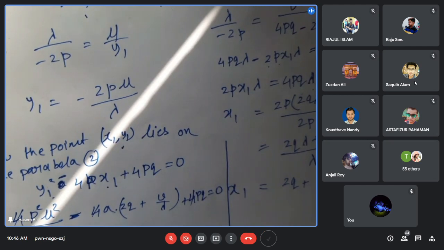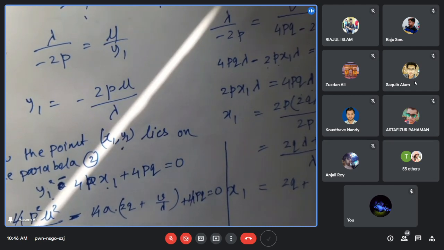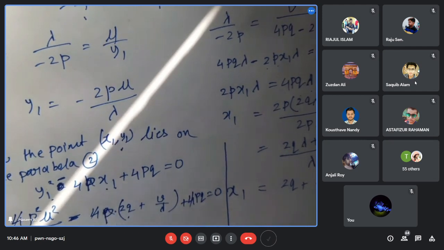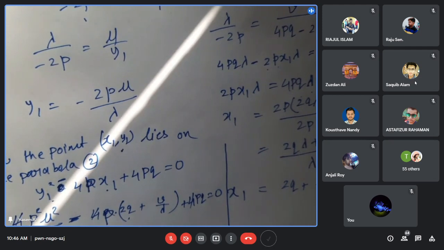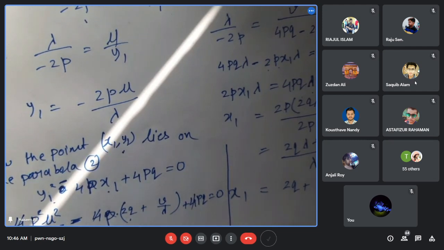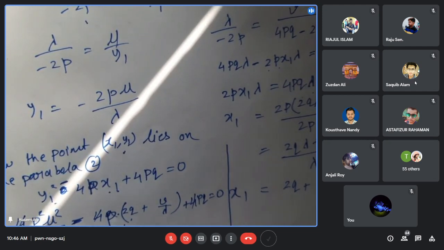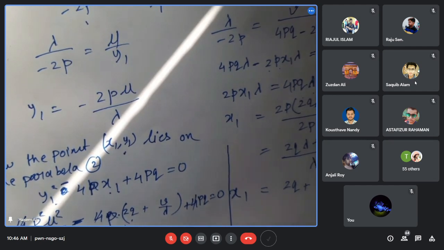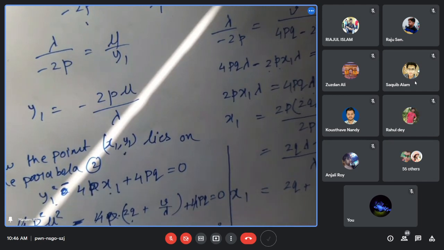So we have p square mu square equals to minus 2pq lambda square minus pv lambda plus pq lambda square equals to 0.